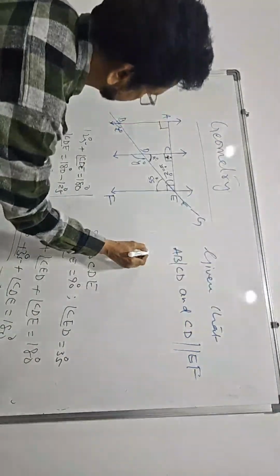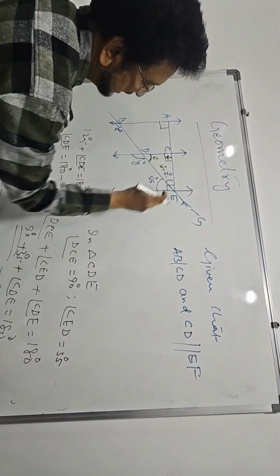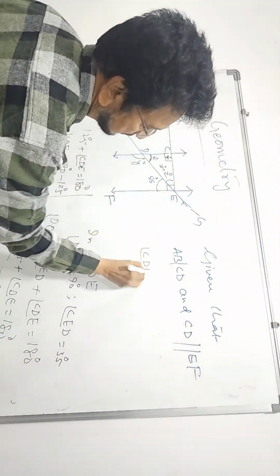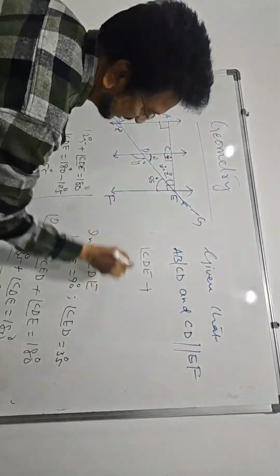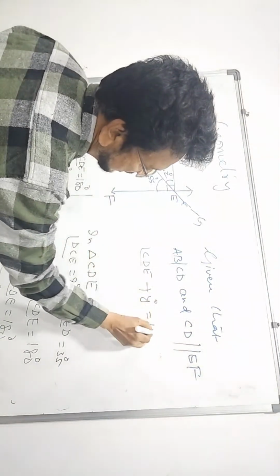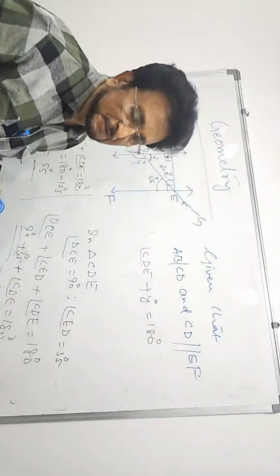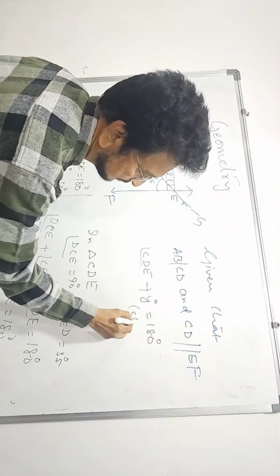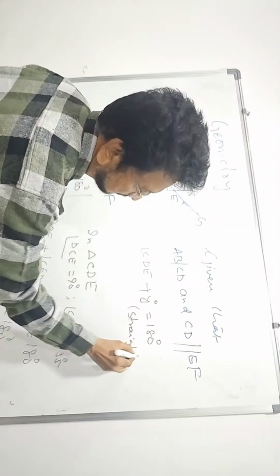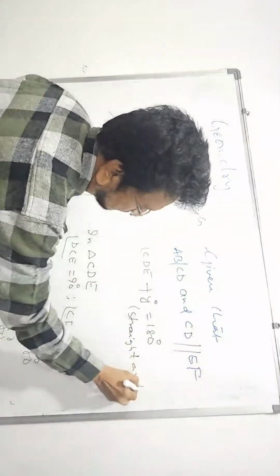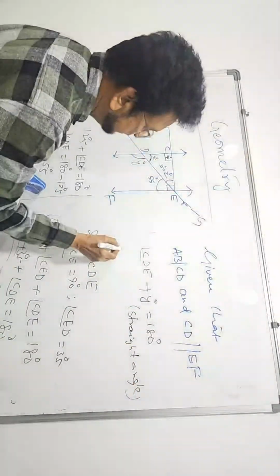Now I will write angle CDE plus angle Y must be equal to 180. Why 180? Because straight angle. Therefore, Y you can find out.